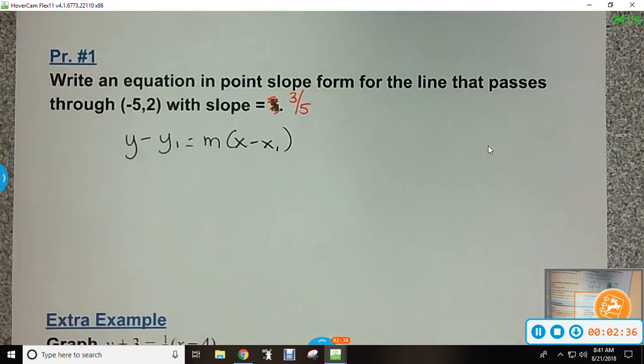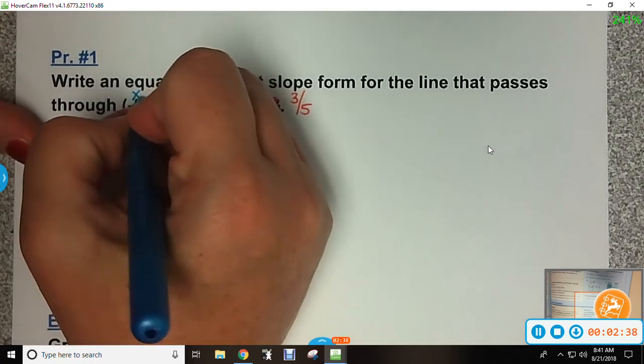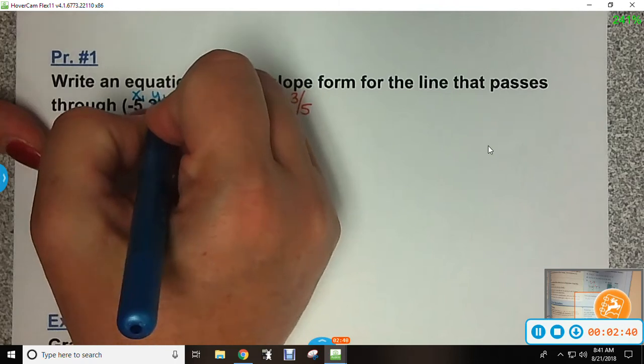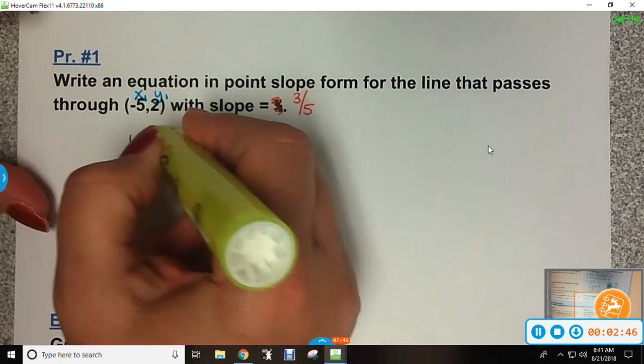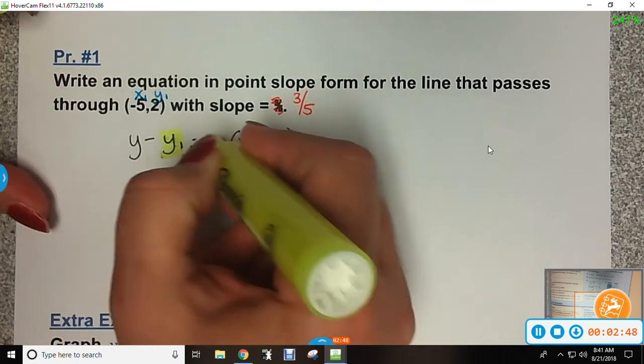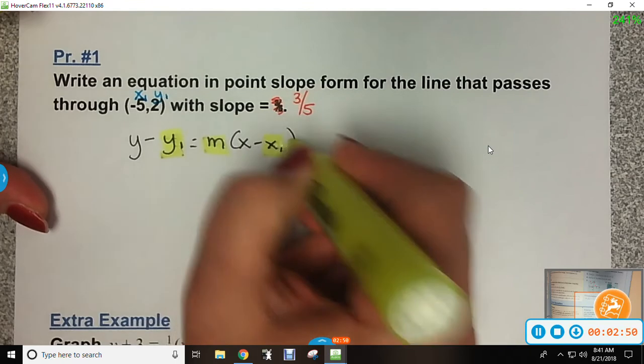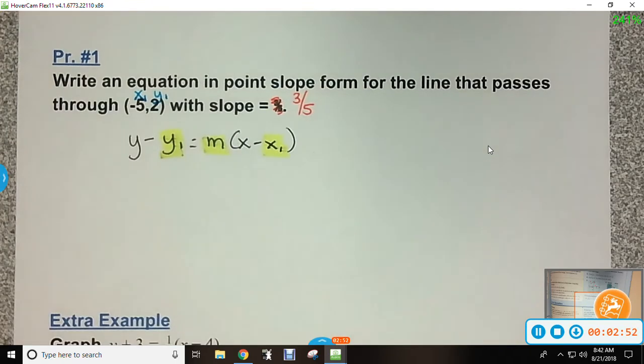So in my ordered pair, this is my x sub 1, this is my y sub 1. So when you're plugging numbers in, you're going to have a number here, here, and here. The other x and y will just stay exactly where they are.